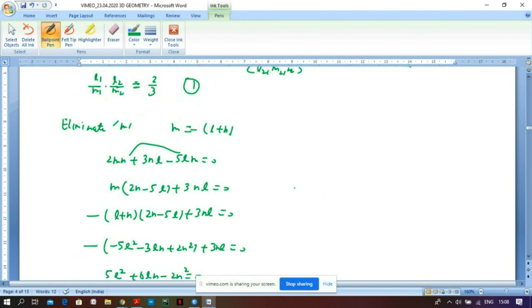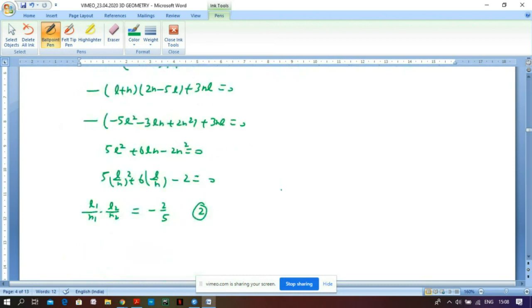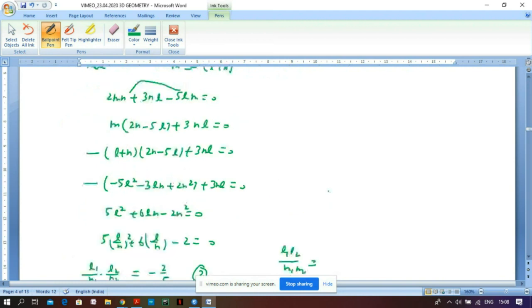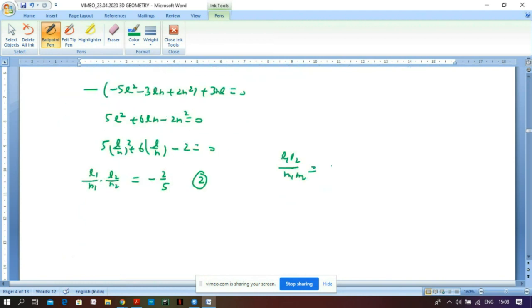If I compare 1 and 2, so let me write here only l1 l2 upon m1 m2. That time we got 2 over 3. If you combine this and this, we'll get l1 l2 over 2 is m1 m2 over 3 is n1 n2 over negative of 5. And that I can take as k.